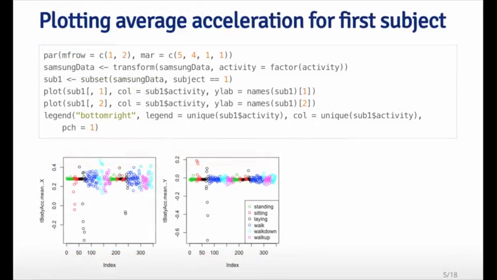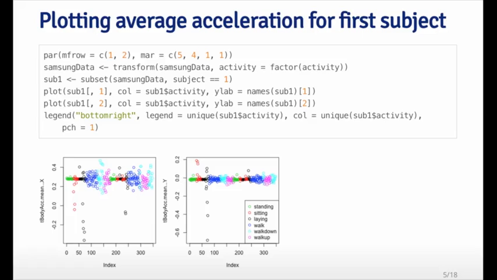So one thing we can do really quickly is just look at the average acceleration for the first subject. The first thing I'm going to do is convert the activity variable into a factor variable using the transform function. Then I'm going to subset out the first subject, so subject equals 1. For the rest of this presentation, I'm going to ignore the rest of the subjects for the moment.